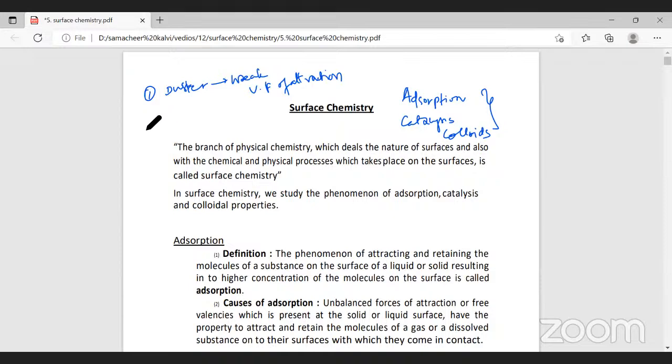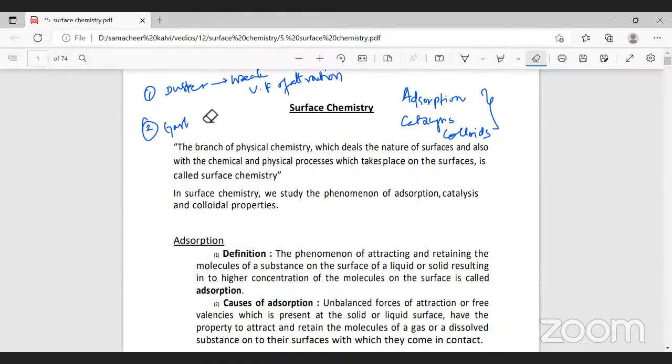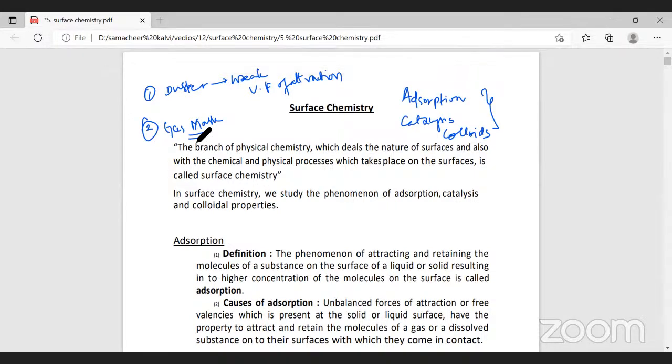Second example, I want you to remember or understand this. A person who is working with poisonous gases will use a gas mask. A gas mask is basically made of activated charcoal, carbon particles.